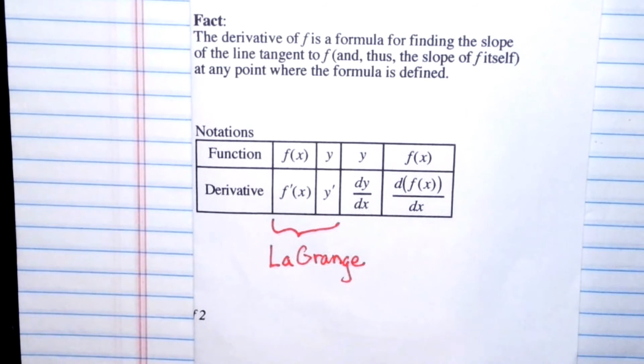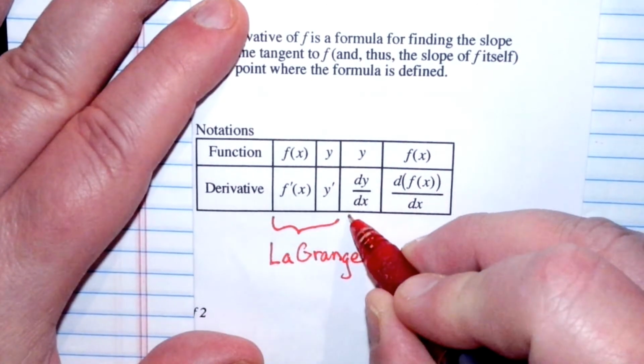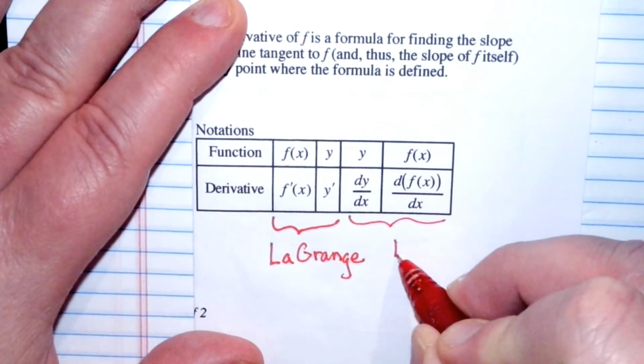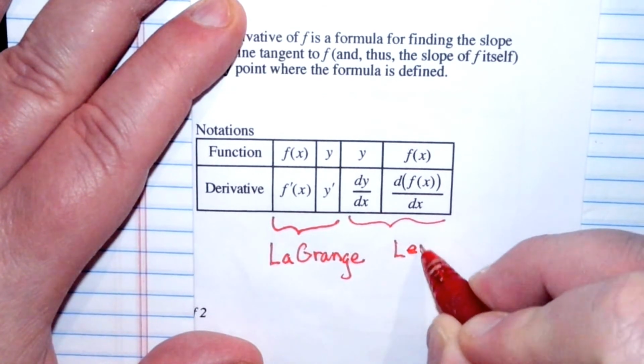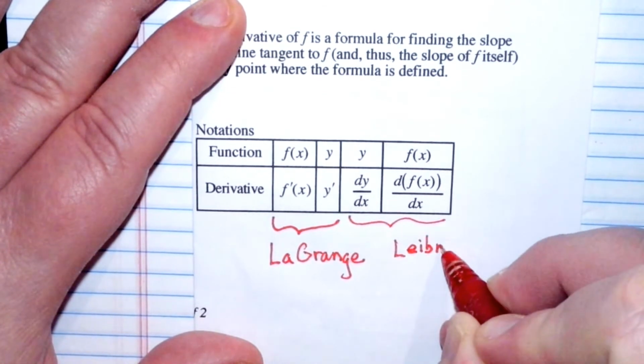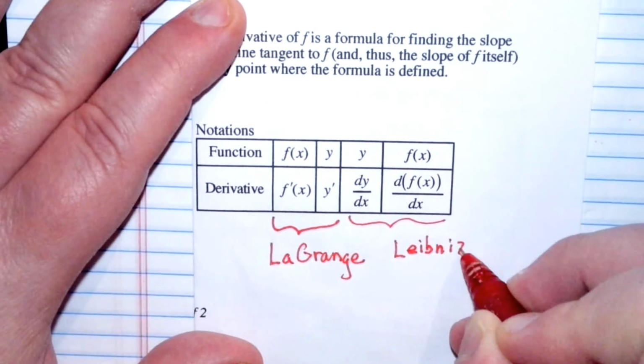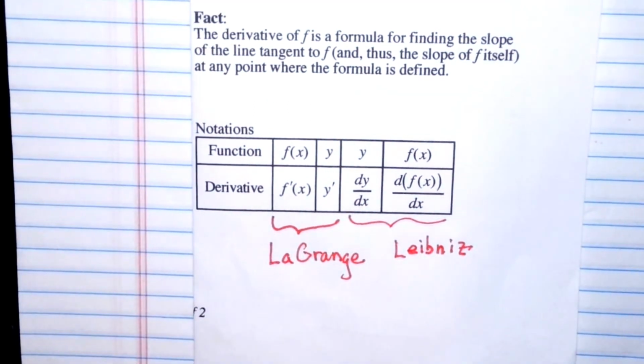The second notation that we're going to use is known as Leibniz notation. Leibniz is considered to be one of the fathers of calculus. He's one of the founders.